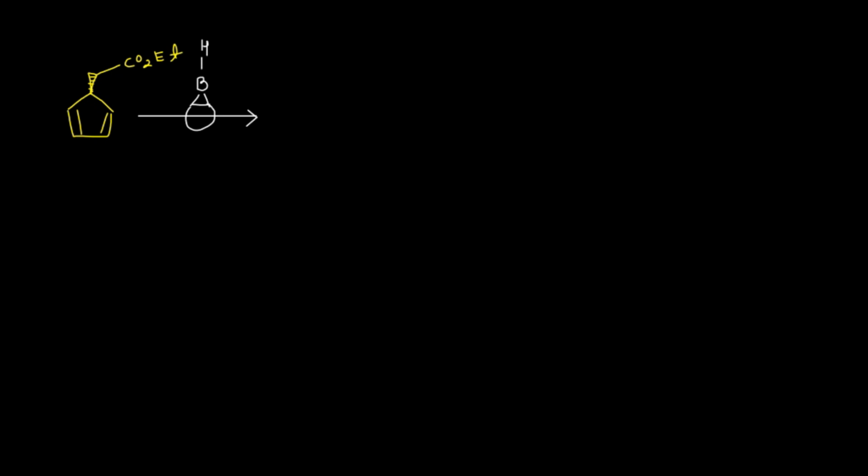So what basically this 9-BBN does, it will basically give the addition reaction, and that addition reaction would be the syn addition. Please remember, it will give you the syn addition. That means this particular hydrogen and this particular moiety will add to that double bond, and both these groups, this hydrogen as well as this boron moiety, will be present on the same plane.